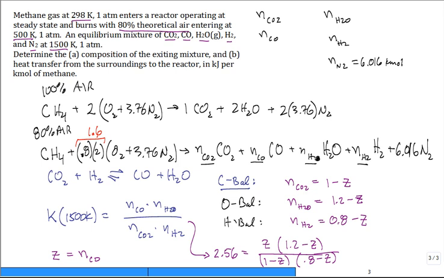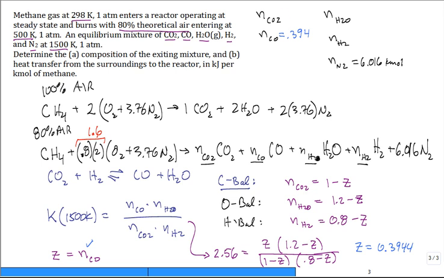And when we solve for Z, we find Z is equal to 0.3944. What does that mean? Well, that was the number of moles of CO in equilibrium. So 0.3944, I know, let's round it off, 0.394. In the next step, for part B, we'll keep all those digits.